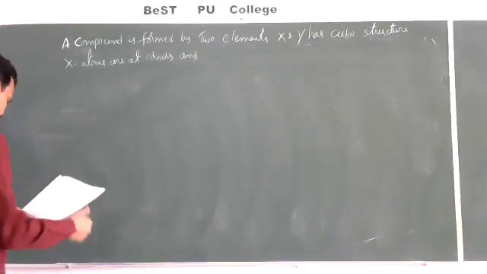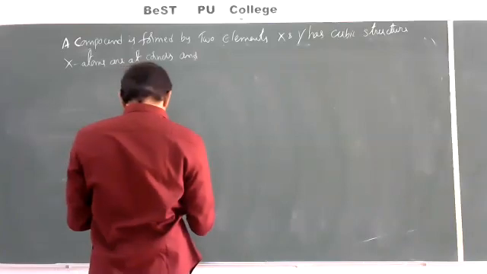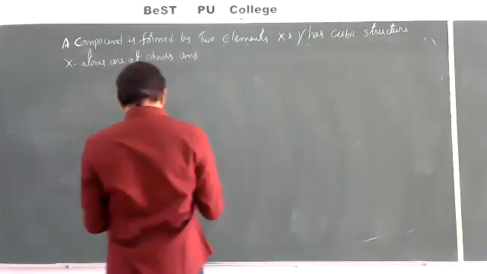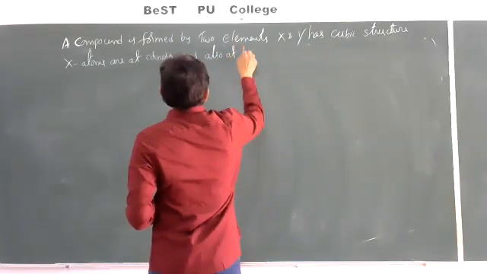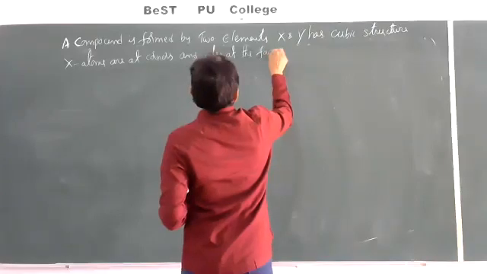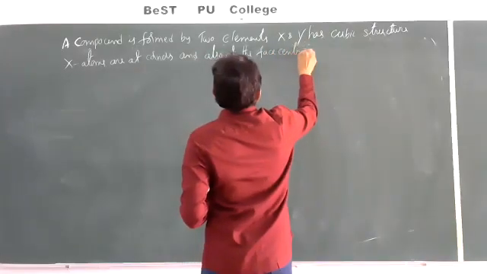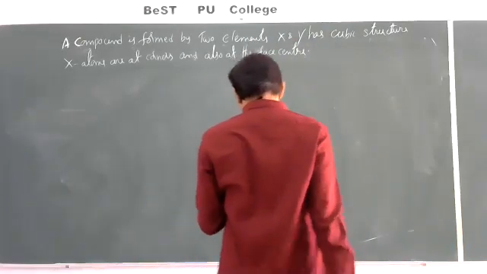Right, next one is: a compound is formed by 2 elements X and Y, has a cubic structure. X atoms are at the corners and also at the face centers.